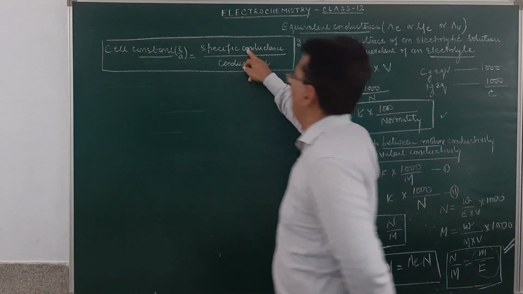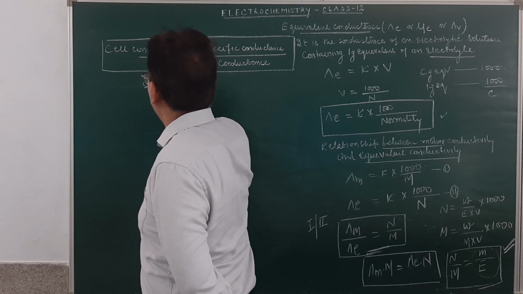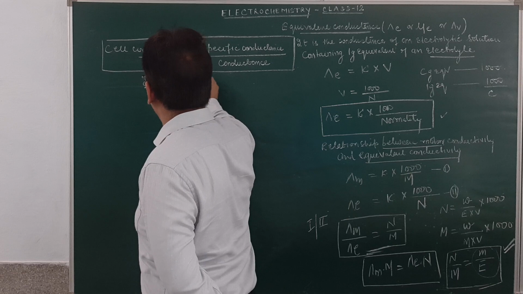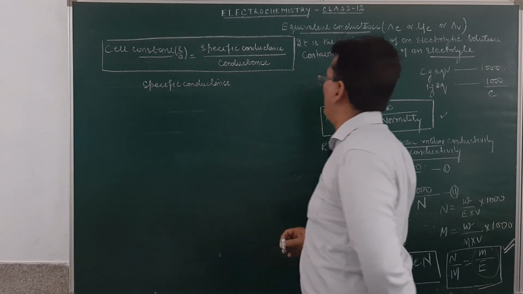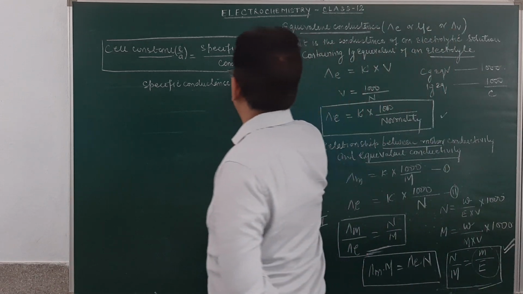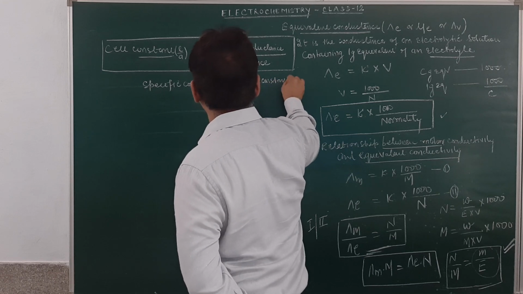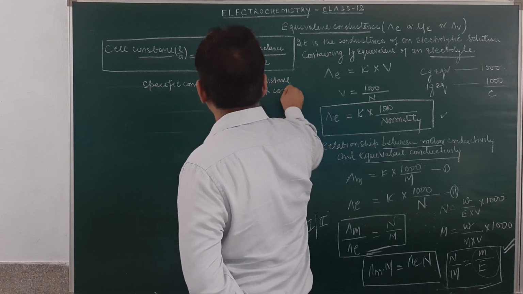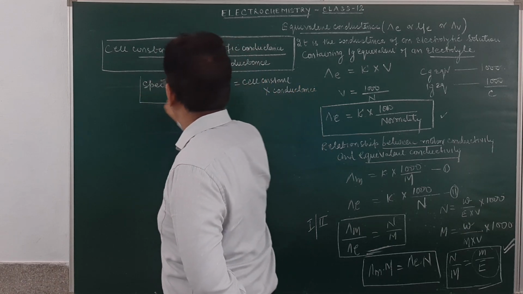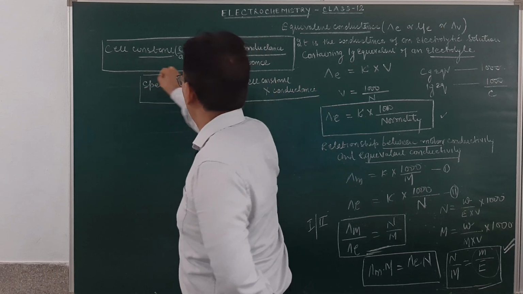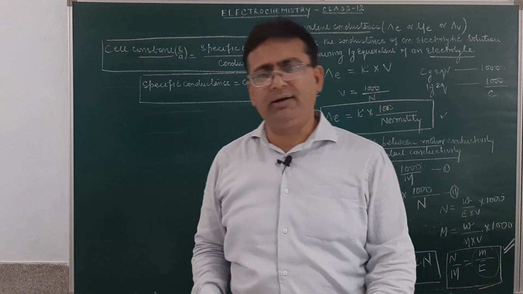We may also say, as discussed with you last day, specific conductance can also be written in this manner: specific conductance will be equal to cell constant multiplied by conductance.